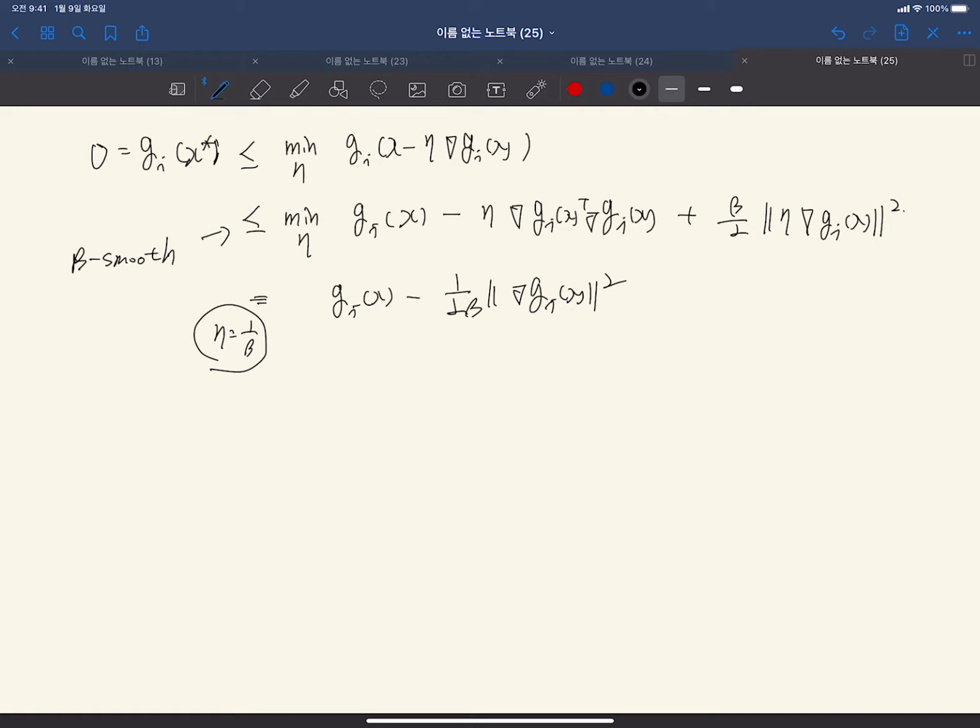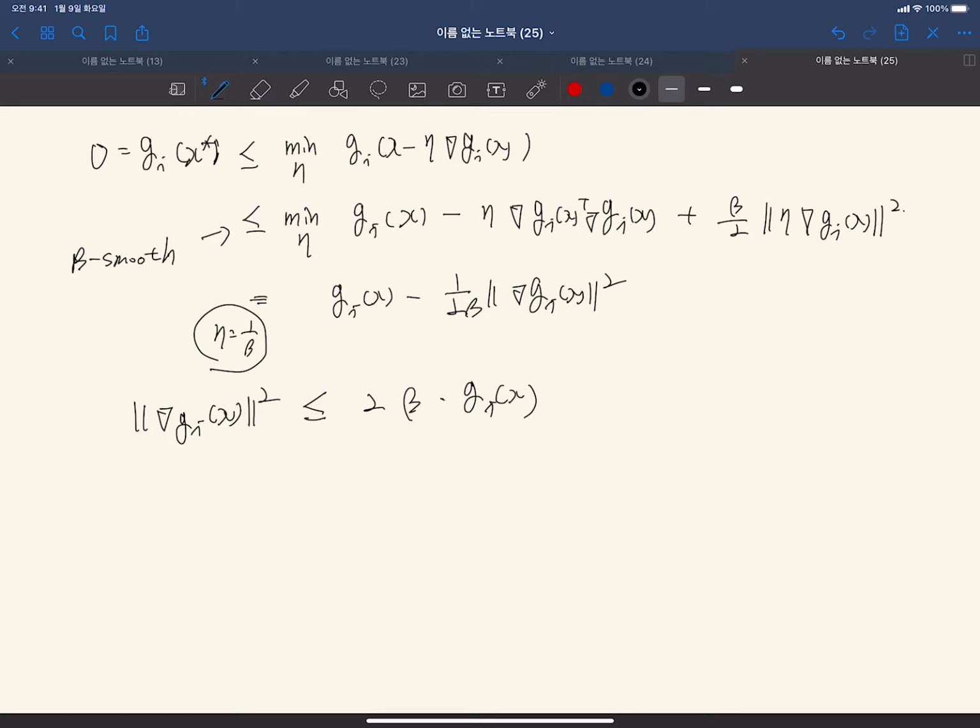Okay, so we can say that the norm squared of the gradient of g_i(x) is upper bounded by 2 times beta times g_i(x).